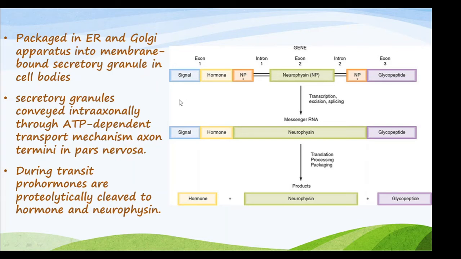So, removing the signal peptide converts the pre-prohormone to prohormone, which happens in the ER. And after that, when the prohormone is packaged into secretory granules, an ATP dependent transport mechanism comes into place to transport the prohormone in the secretory granules to the region of exit or release from the cell.